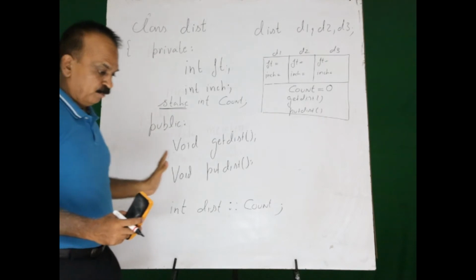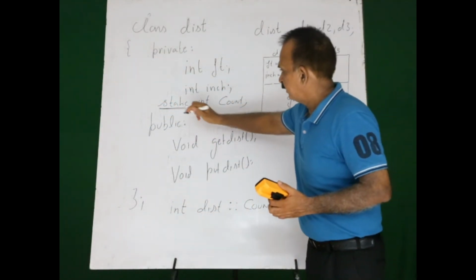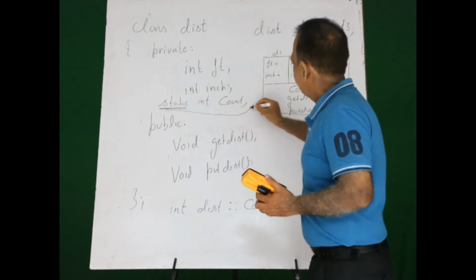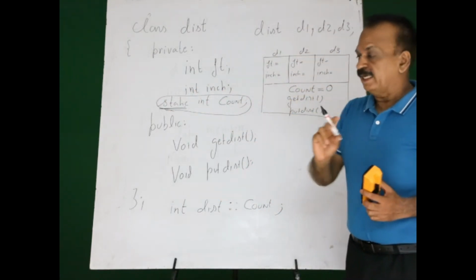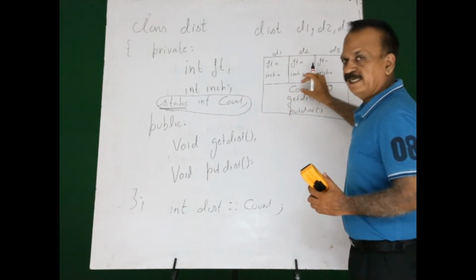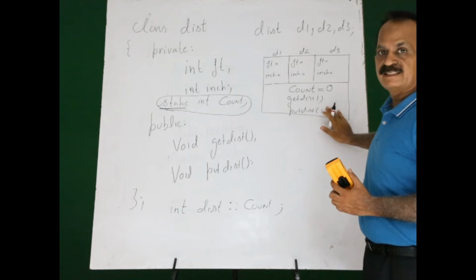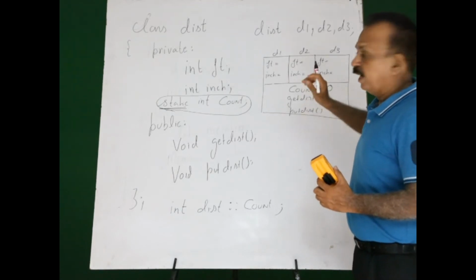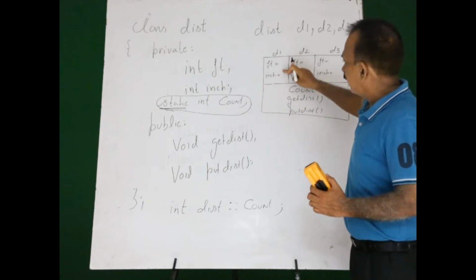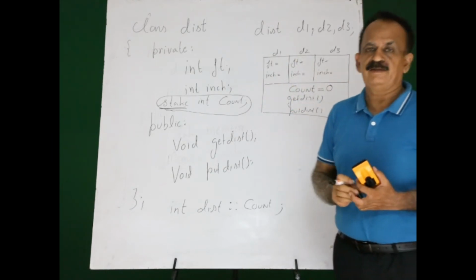This is how static data members are declared, that is with this statement. This statement is the declaration of the static data member. And in memory, it is created something like this, that it is associated with the complete class rather than with an individual variable. Again I say, these are the instance variables, and this variable is a class variable.